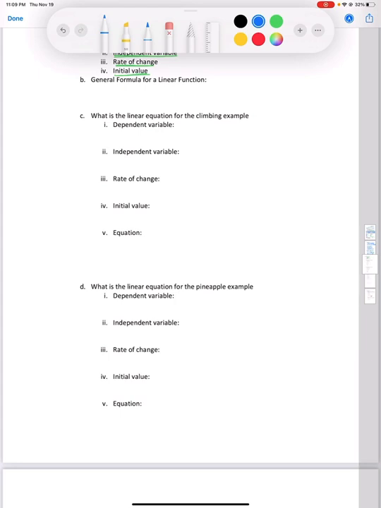The general formula has your dependent variable out in front, and that is going to be equal to an initial value plus a rate of change times the independent variable.